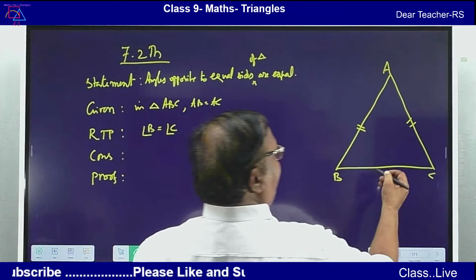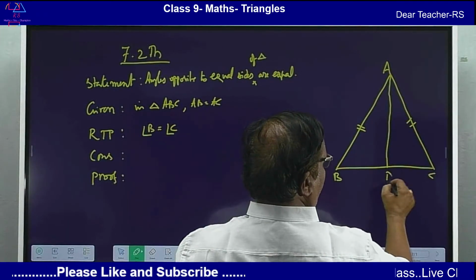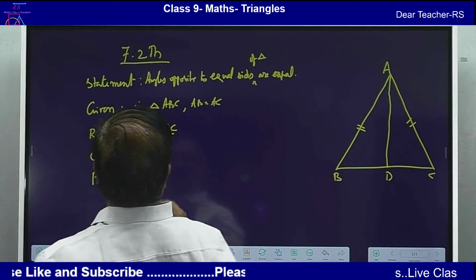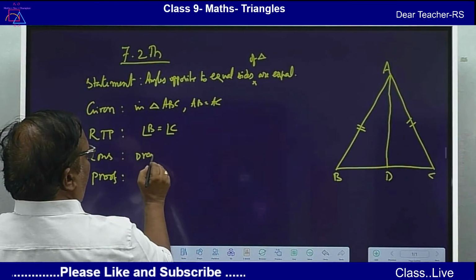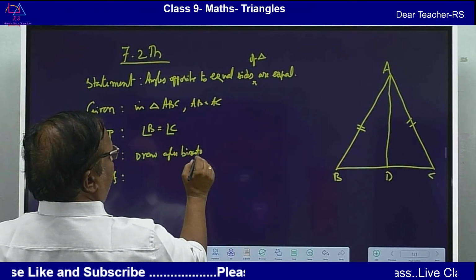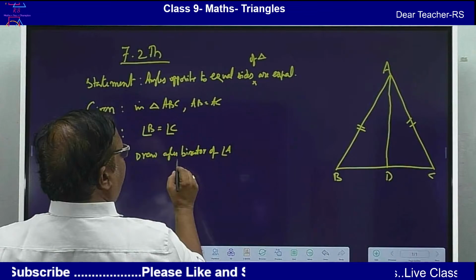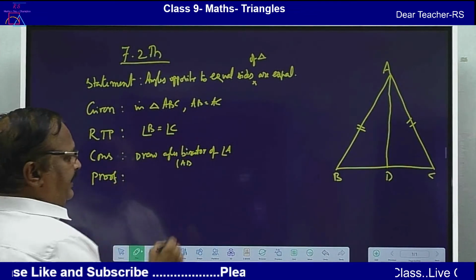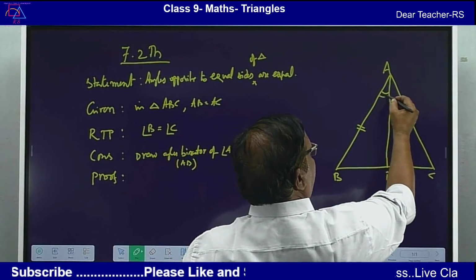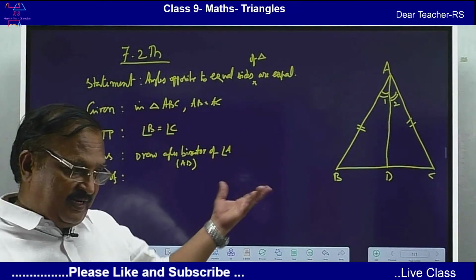Now we will draw AD such that AD is a bisector of angle A. So draw the angle bisector of angle A. That is AD. AD is the angle bisector. So angle bisector means these two angles are equal. Angle 1 is equal to angle 2. That is our construction.